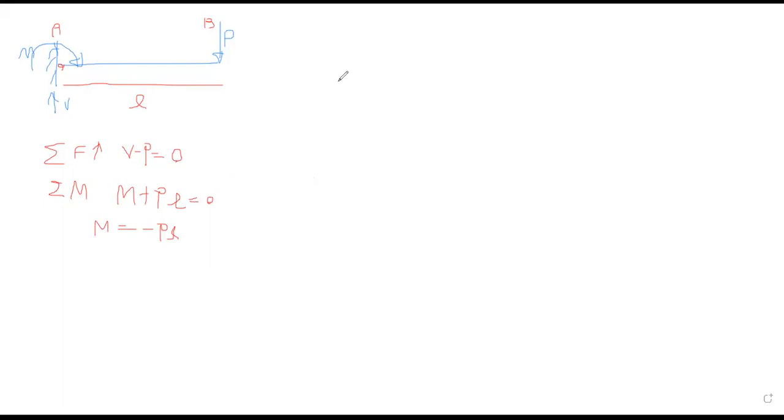If you want to draw the bending moment curve, you can cut it from here, and take another clockwise bending moment. If it is anti-clockwise, positive PL; if it is clockwise, negative PL. Here you have P up on the left and down on the right, which is the shear.